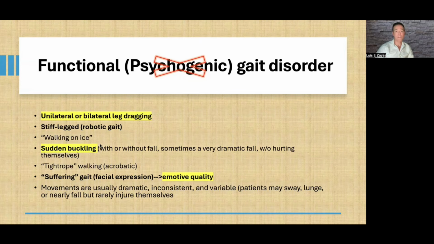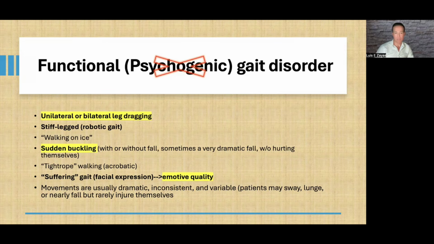This one is very, very common. When you see a patient having sudden buckling of the knee, this is usually one of two things: either the patient has negative myoclonus, or this is a functional gait. We call that bouncing of the gait.